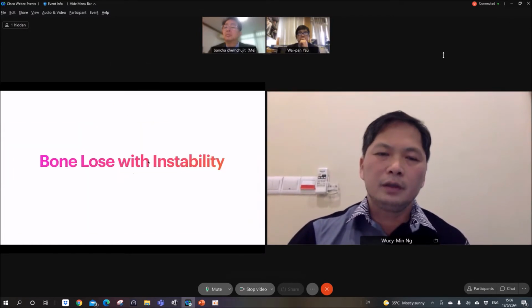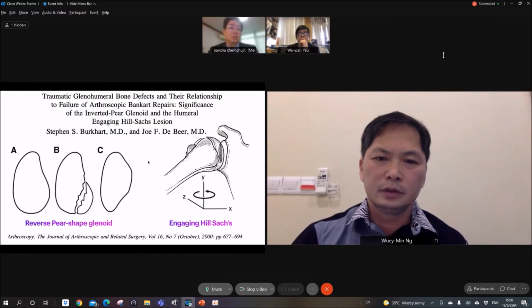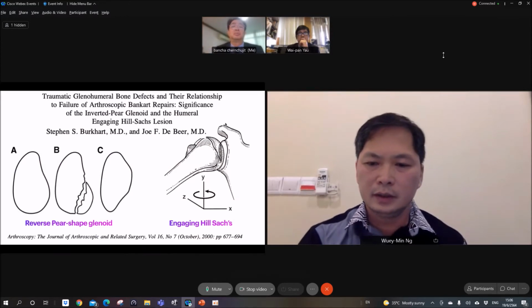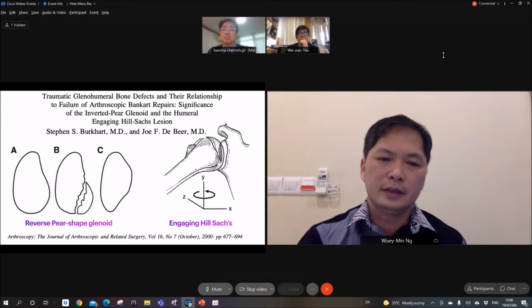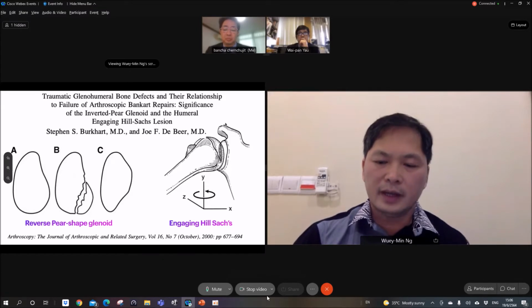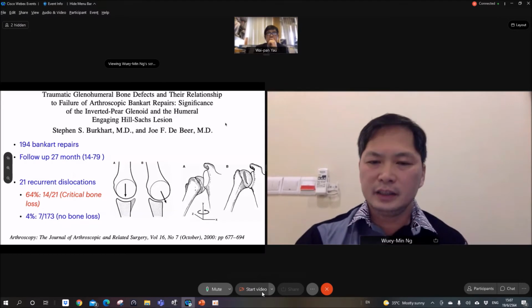We know that glenoid bone loss tends to be associated with greater instability of the shoulder. One important study by Burkhart in 2000 showed that there are two types of bone loss: a reverse pear-shaped glenoid bone loss and an engaging Hill-Sachs lesion. They studied 194 patients, followed up for 27 months.